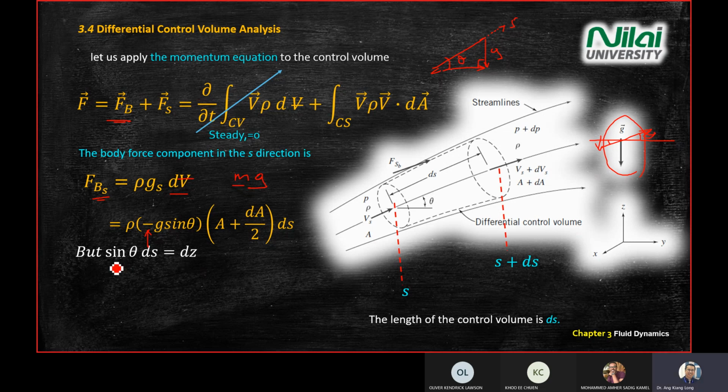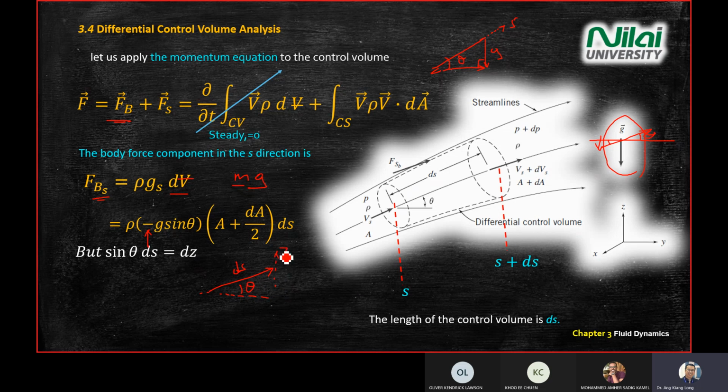So the next one, you expand the equation here. Your dz, from the mathematical model from the diagram itself, is sine theta ds. If you expand, this is your ds, this is your theta, and then you look at the axis itself.